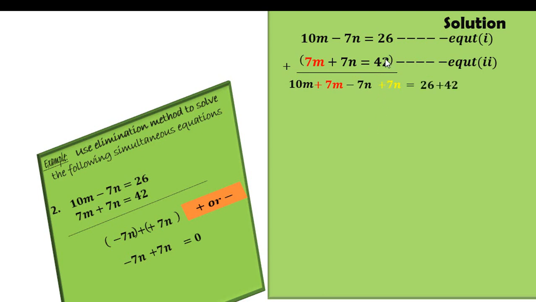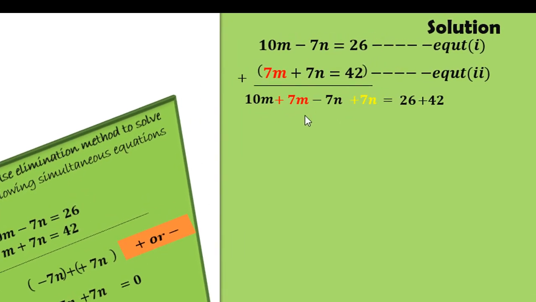So once that is achieved, let's simplify n. When you simplify n, you have 17n. n becomes 0, and you have your equality sign. When you simplify what you have after the equality sign, this is 68. So you have m equals 68 divided by 17. I jumped a step there.